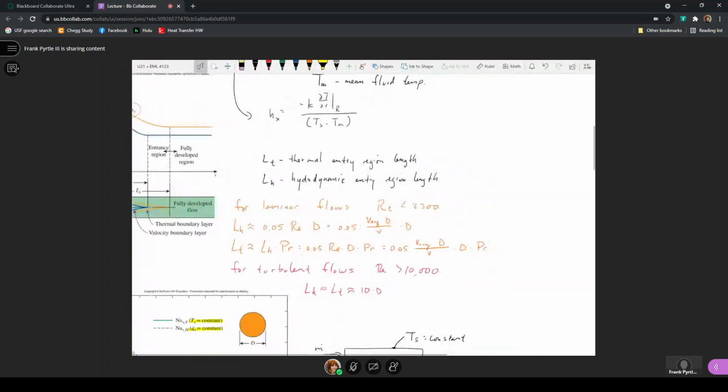For laminar flows, particularly the thermal entry region length is where we're going to be considering, well, where is the heat transfer coefficient variation occurring? And that thermal entry region length, if the Reynolds number is less than 2,300, we'll calculate how long that entrance region is, so that we can compare it to the pipe length, and then consider, can it be averaged out, or do we have to actually take into account what the value is there?